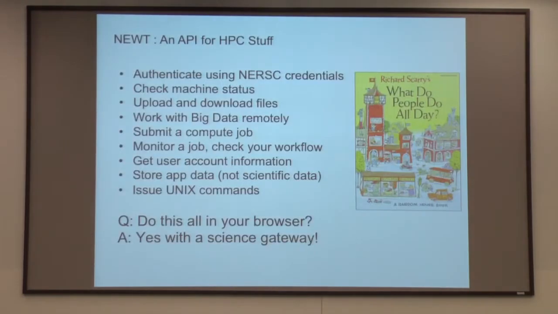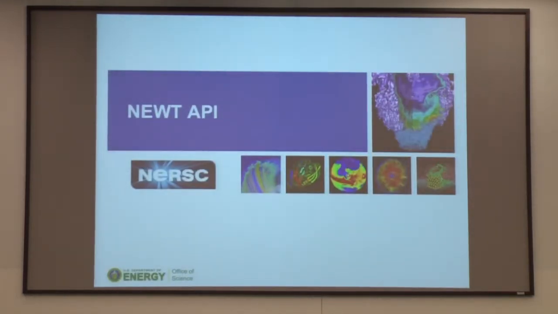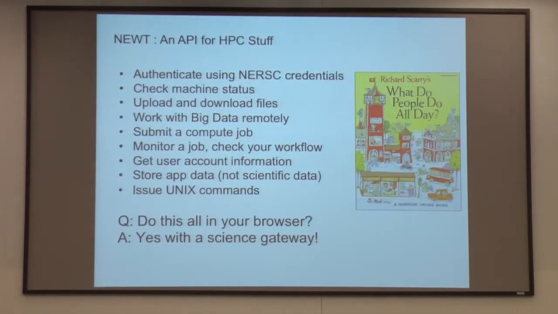I want to just say a couple words about Newt, which is this API for HPC things that we're using at NERSC. It tries to be really simple, and if you read the documentation on the web for almost any HPC center on the planet, it'll be this stuff. This is the stuff that people need to know how to do, right? So we said, hey, can we make an API that just does that stuff?